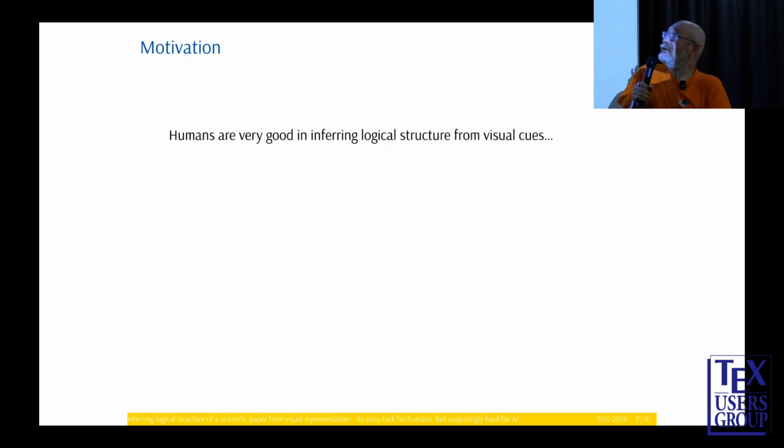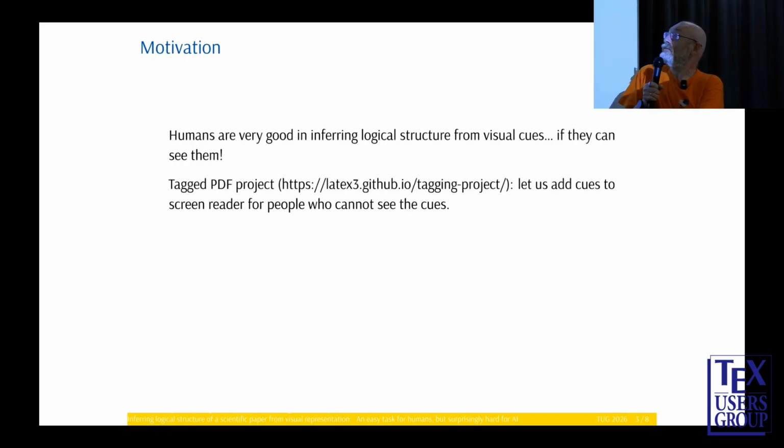So humans are very good at understanding visual cues. Humans are very good at looking at a page or several pages and saying, here's the structure of my document. But there is an important caveat, if they can see them. And as we know from the first day of this conference, there are many people who don't see this, and we want to add cues instead of the usual visual cues to help them understand this.